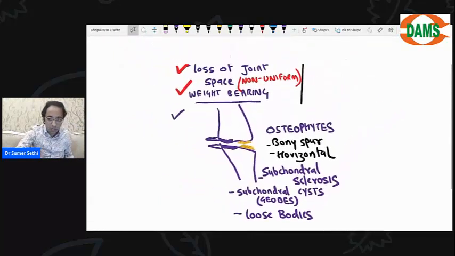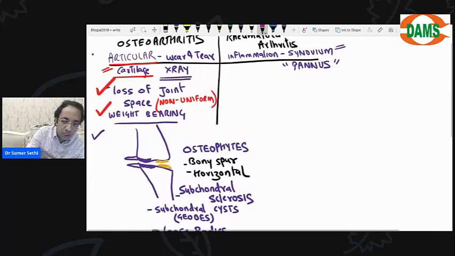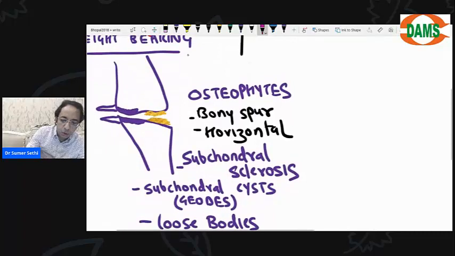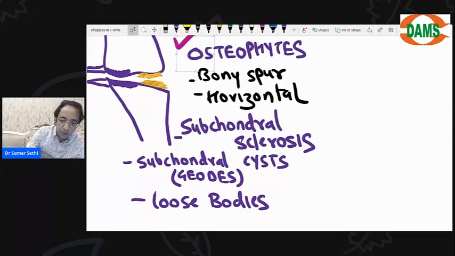I'm again repeating. In osteoarthritis, everybody repeat after me. There is wear and tear of the articular cartilage leading to a non-uniform loss of joint space, more in the weight-bearing area, with osteophyte formation, which are bony horizontally directed spurs.